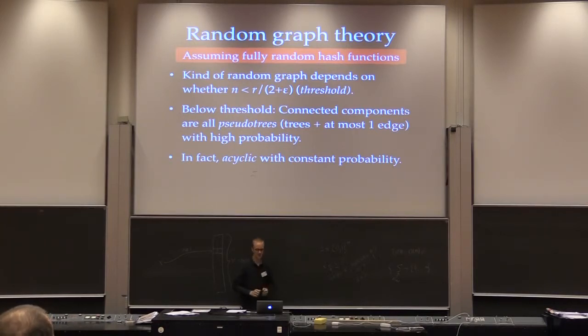Well, at least almost. There's a probability that we have trees plus one edge. This is called a pseudo-tree. It's going to look almost like a bunch of trees and be acyclic. And if we put in more edges, actually with high probability, we are going to have lots of cycles.